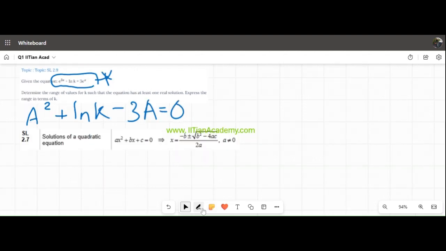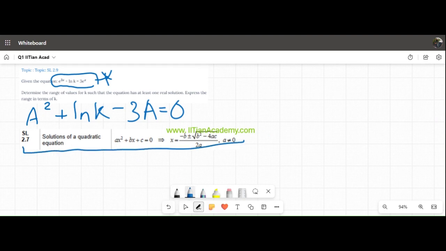The quadratic formula looks like this here, where we have the equation ax squared plus bx plus c equal to 0. We can then solve for x using this equation here, where we substitute our values a, b, and c.